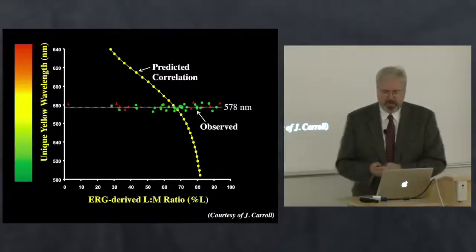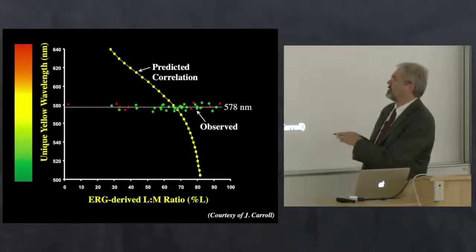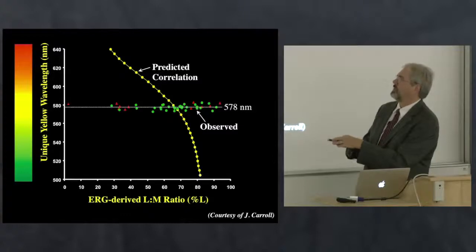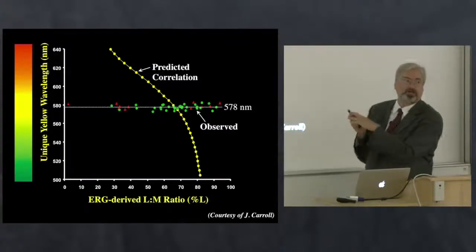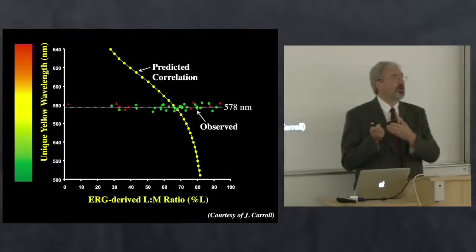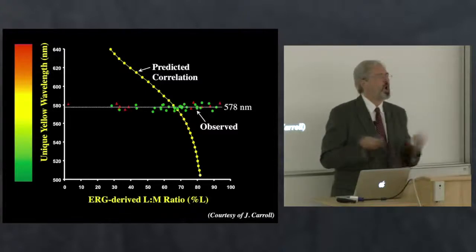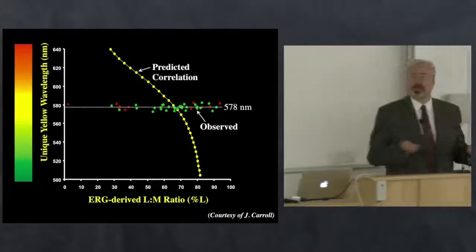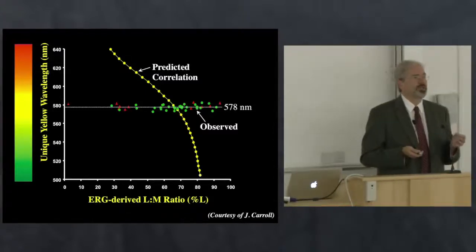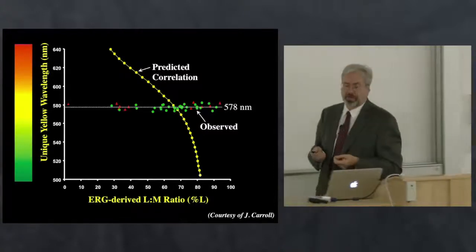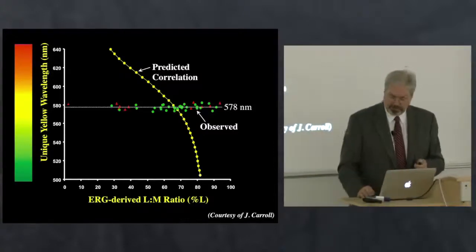You find that across a very broad range of L to M ratio, in this case computed from ERG data, you can see that there's almost no variation in unique yellow. So these very red-rich, or L-cone-rich, and M-cone-rich people all agree within a couple of nanometers on what's perfectly yellow, despite that huge difference in their retinal mosaics.